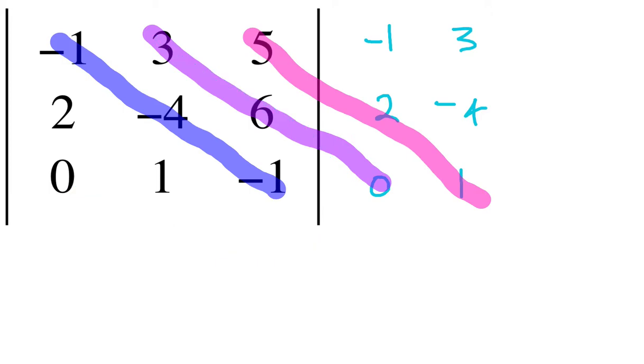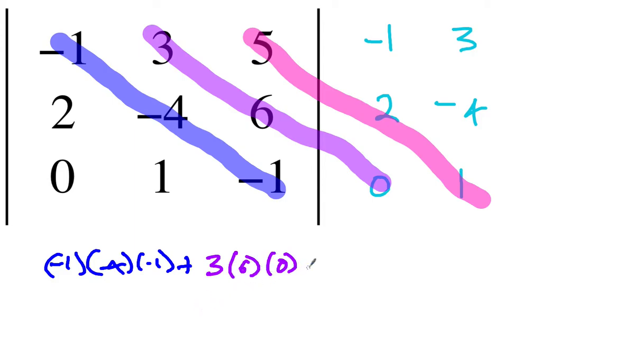Okay, so let's go ahead and do this. I'm going to do the blue first: -1 times -4 times -1. If I multiply those together, I'm going to add that to the purple multiplied together, 3 times 6 times 0. And then I'm going to add that to the pink multiplied together, 5 times 2 times 1.